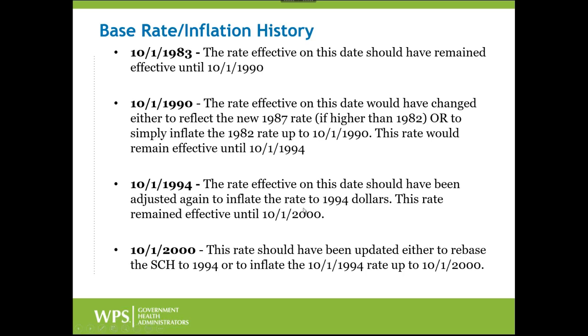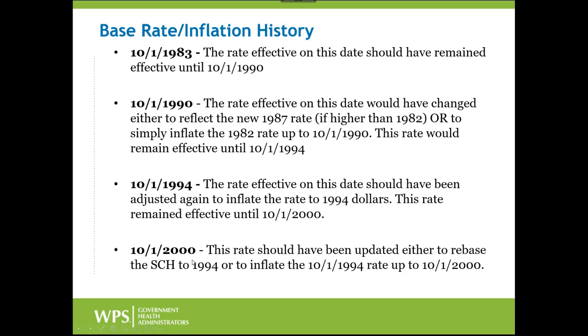10/1/1994, a couple of things could have happened here. With 10/1/1994, this was simply an inflation. There was no rebase. The update factors were just accumulated, and a new rate was locked in as of 1994. That rate was frozen again until 10/1/2000.